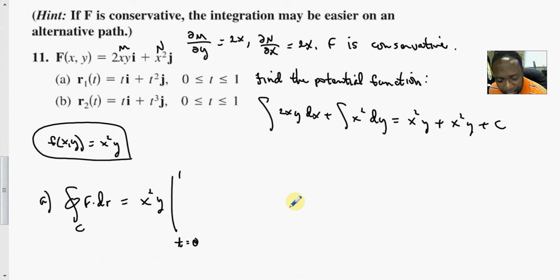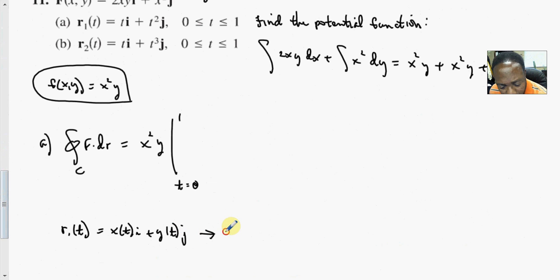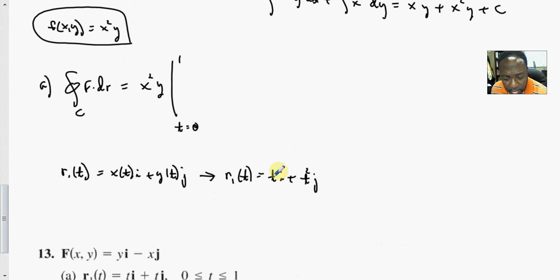Well, it is given from here: r sub 1 of t is defined as x of t i plus y of t j. Now the problem has r of t equal to t i plus t squared j. So x is equal to t, and y is equal to t squared.